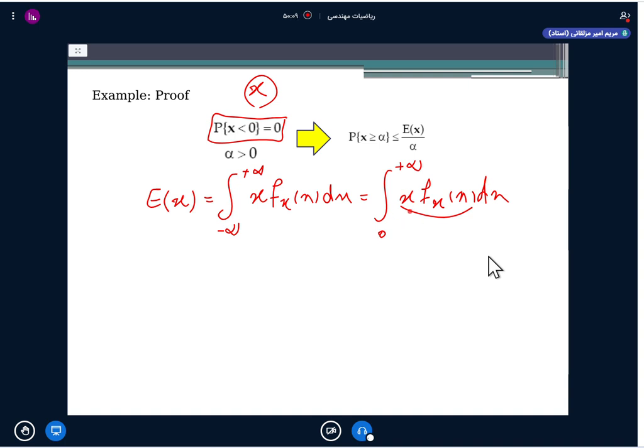X is positive because x is between 0 and positive infinity. f(x) is positive because the PDF is positive. So we can write this inequality. Let me repeat this formula.